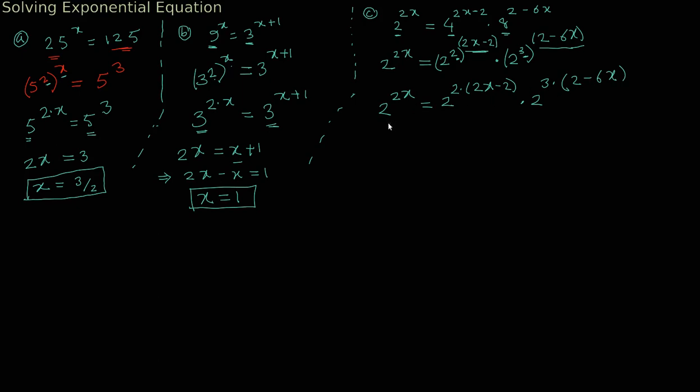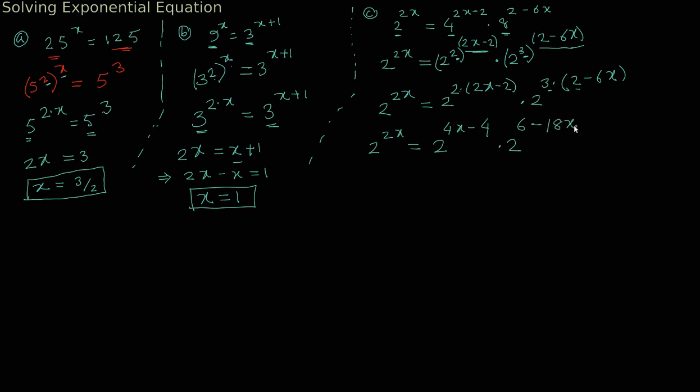All right, so let's simplify a little bit. So I have 2 power 2x, which equals 2 power 2 multiplied by 2x is 4x, and 2 multiplied by minus 2 is minus 4, and then 2 power 3 multiplied by 2 is 6, minus 3 multiplied by 6x is 18x.